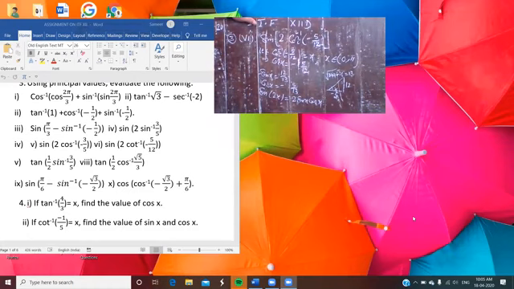So 2 into 12 by 13, and here you write minus 5 by 13, and that is equal to minus 120 upon 169, and that gives your answer. Minus 120 upon 169 is your answer.